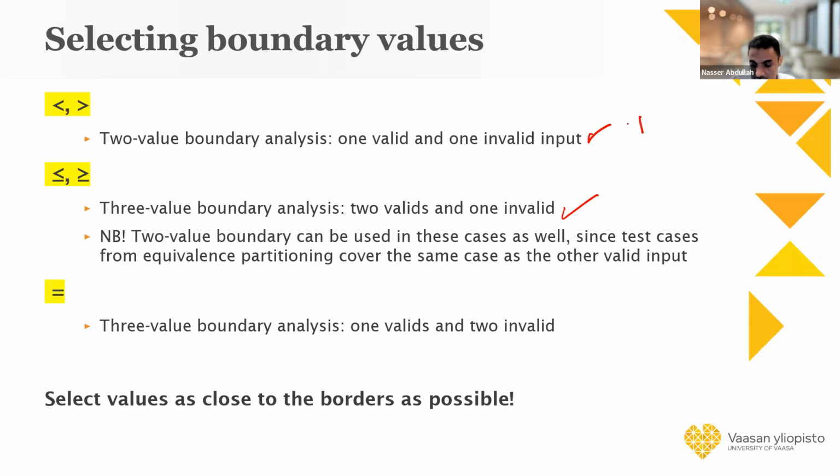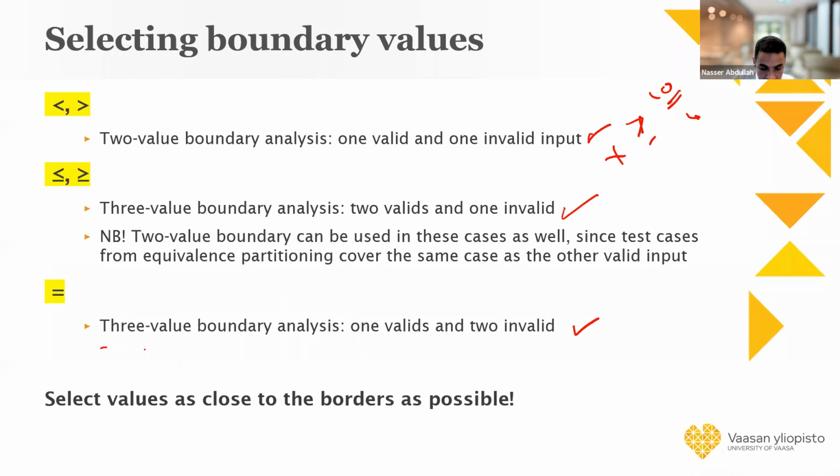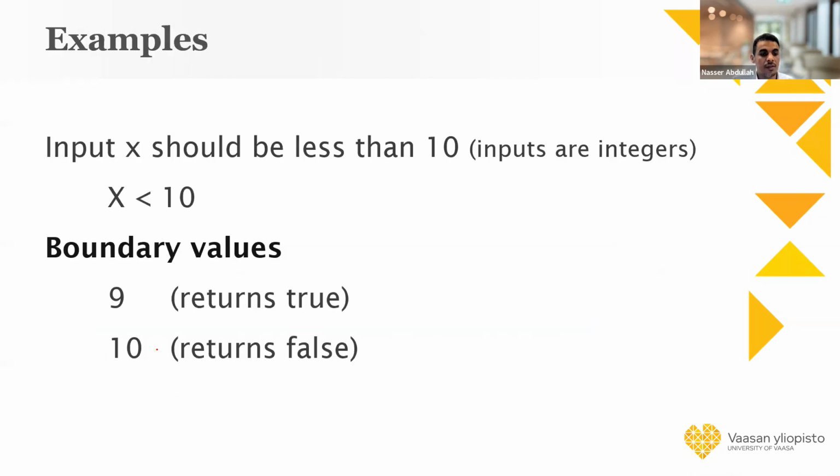For example, if x is greater than 10, we have to test 10 and greater than 10. If we say greater than or equal, we have to test 10, greater than, and less than, so three values, not two, as I showed you in the example.